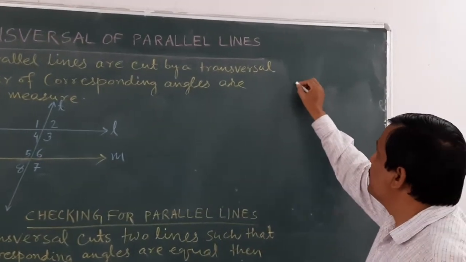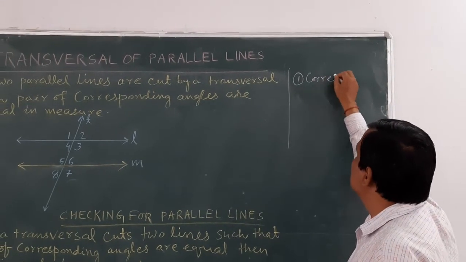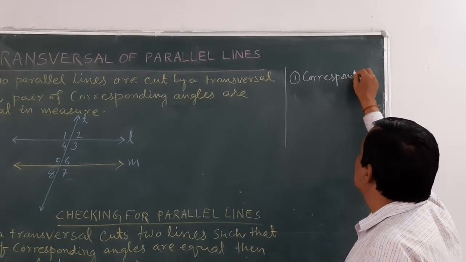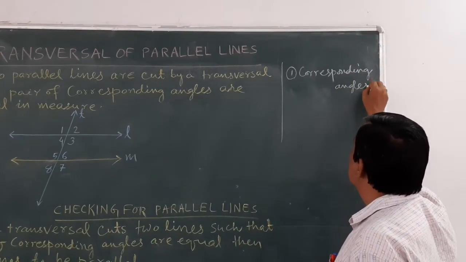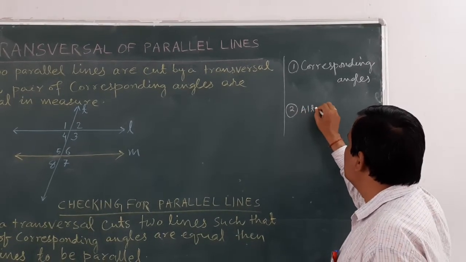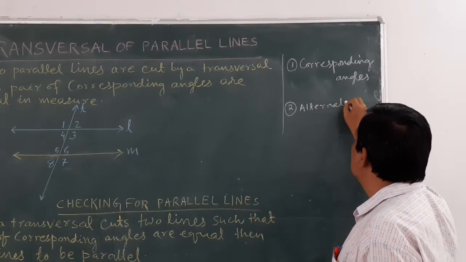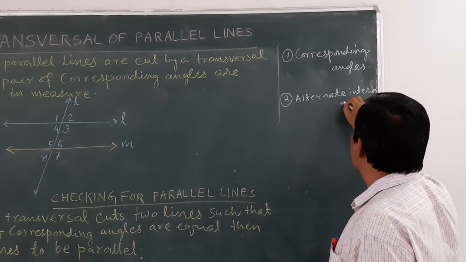That is, first one was the corresponding angles. And second was alternate interior angle.